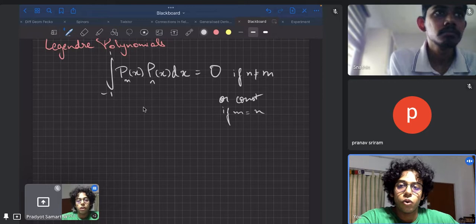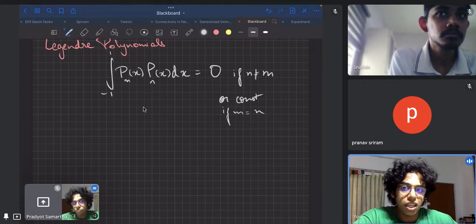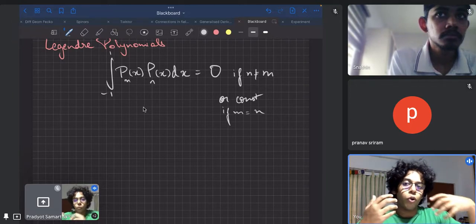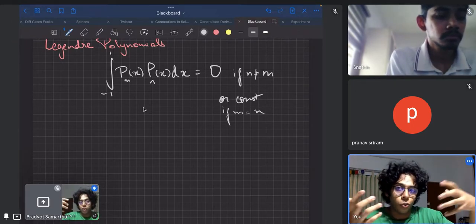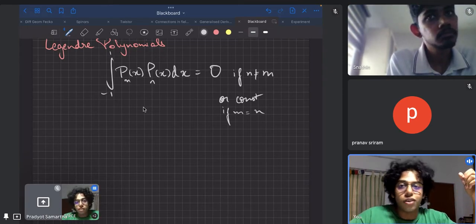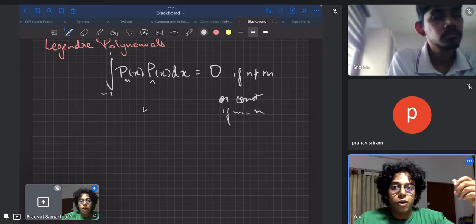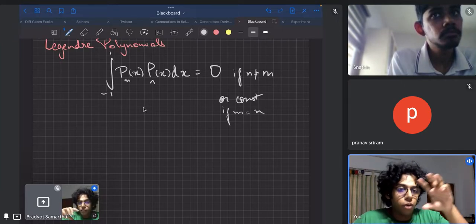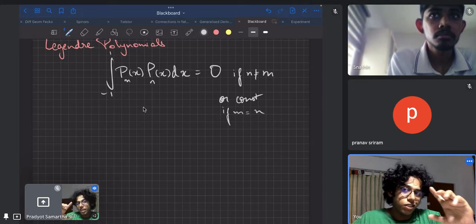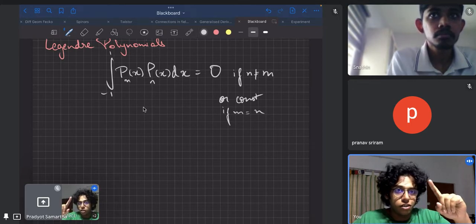So what is the meaning of orthogonal polynomials? What is the idea behind it? It's not just about the integral cancelling out. When you look at the specific shape of the curves, you see that they intersect at orthogonal angles.